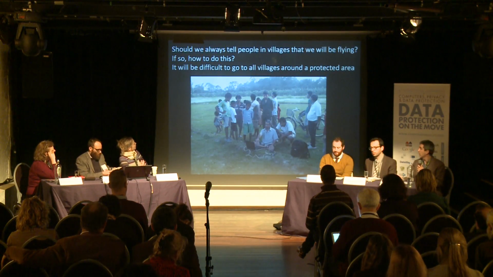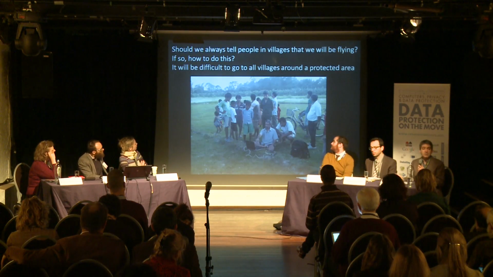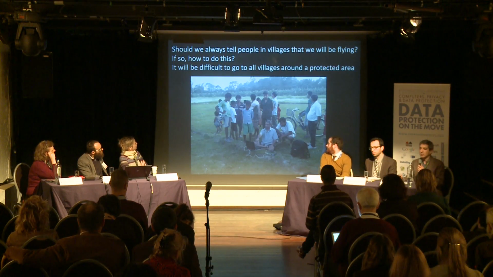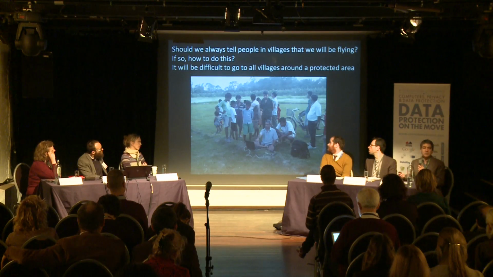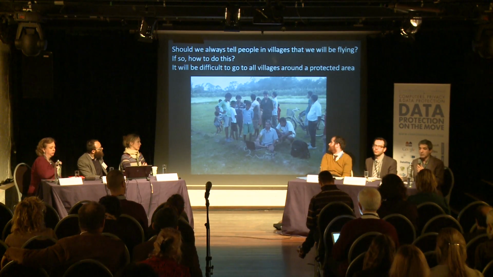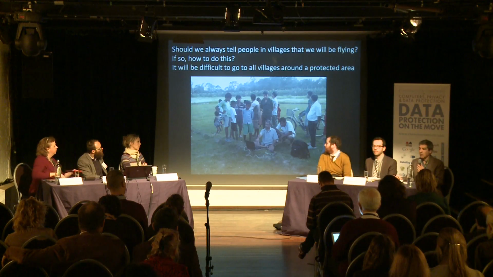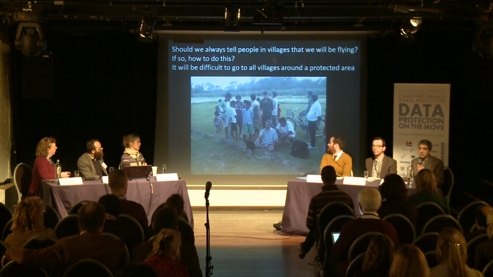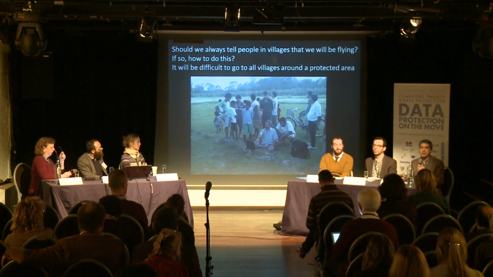When we fly, we often go to the villages around the areas where we fly to bring our systems to them, to tell them what we're doing, to see if they're fine with it, to show them the photos and the footage. So far that has been a very positive interaction. But I can of course see that change when somebody from a village would be arrested based on data coming from a drone system.